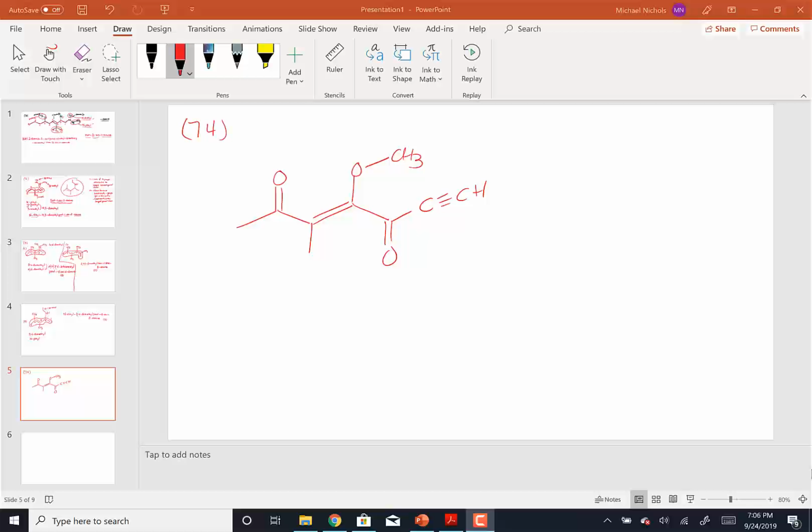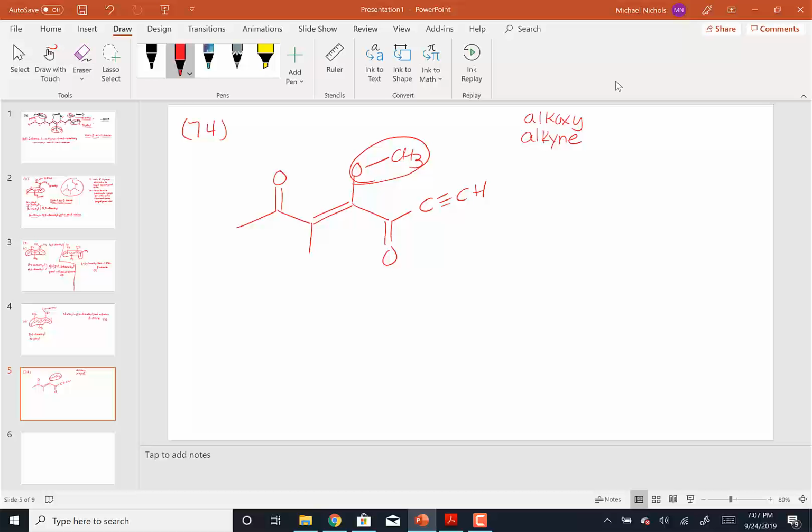Okay, here's the answer to question 74 in Top Hat. So first of all, I'm going to look and see what functional groups I have. I definitely have an alkyne with the triple bond. I have an alkoxy group here, and the alkoxy group has really no standing.